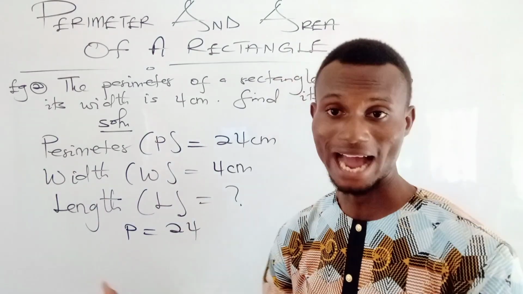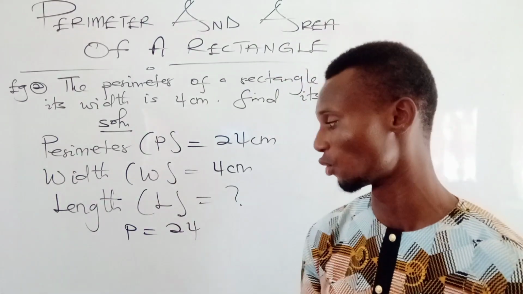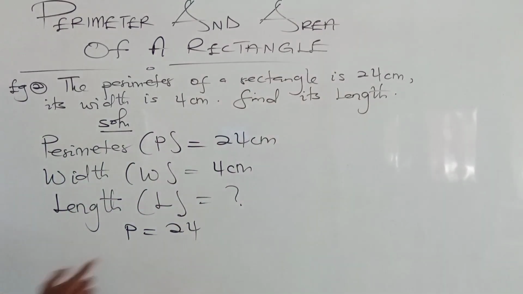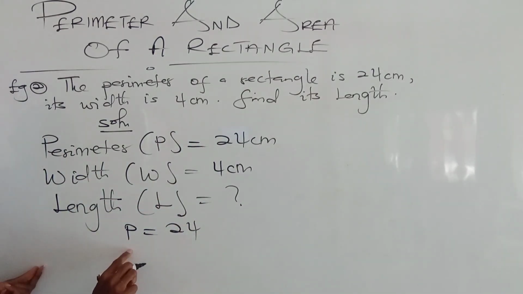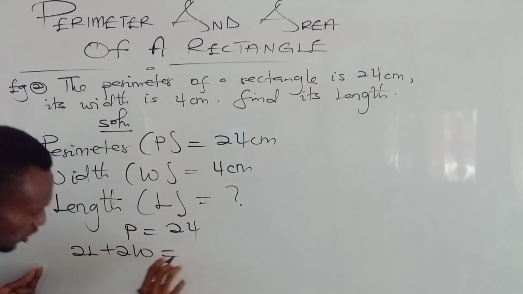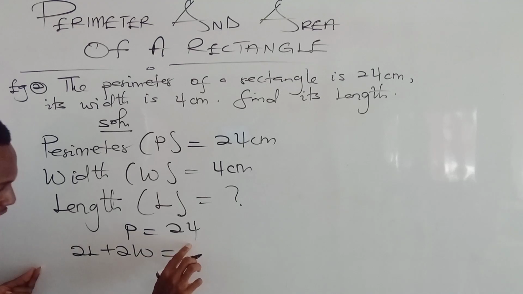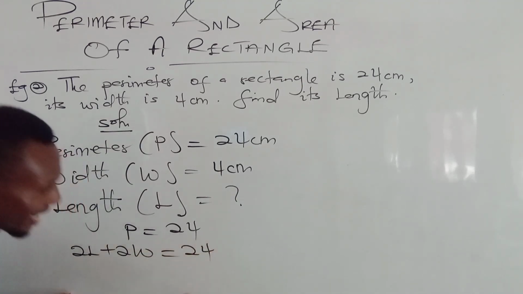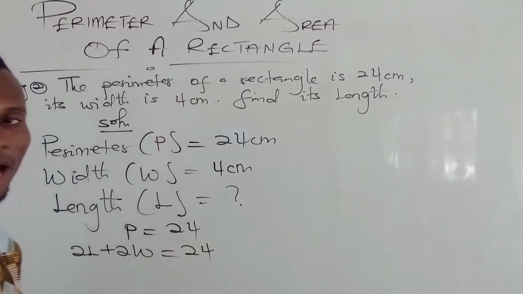So we are applying that knowledge here. In place of P, I'll put 2L plus 2W. So you write your 2L plus 2W, then bring your equal to sign, so equal to your 24, which is here. I hope you agree with me up to this point.